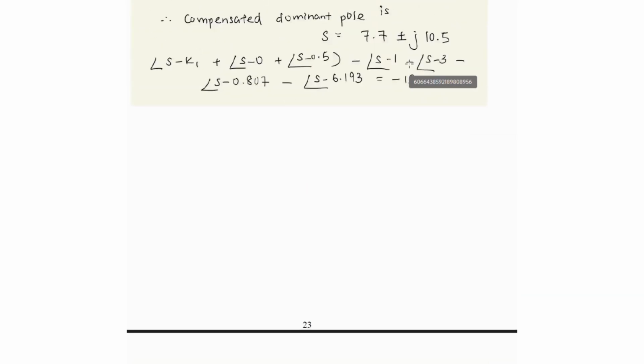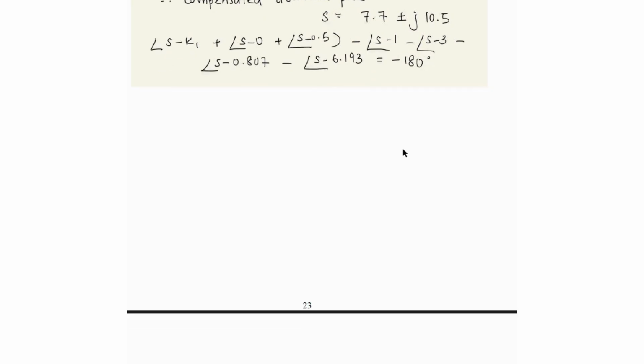We know that the contribution of angle between all zeros and poles and the compensated dominant pole is equal to negative 180 degrees.